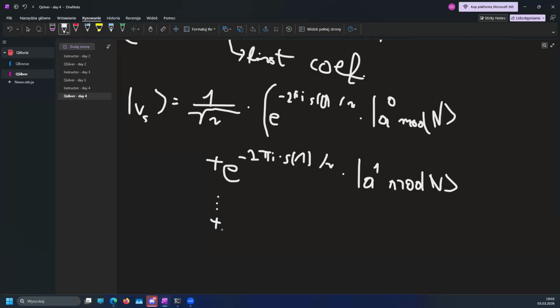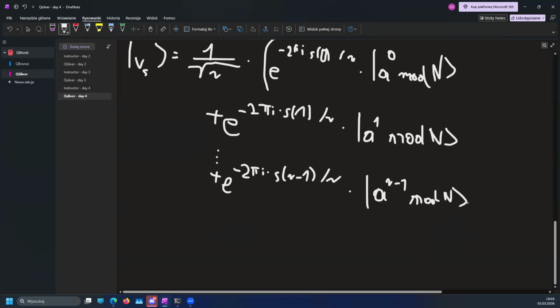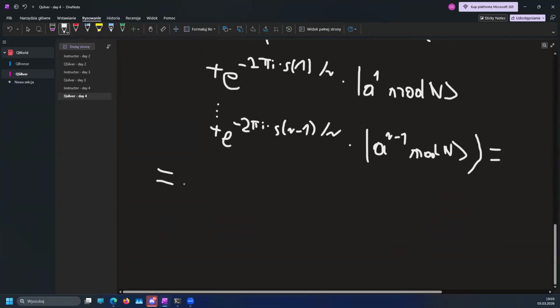And our last qubit will have a coefficient of e to the power of minus 2 pi i times s times r minus 1, and this all divided by r, and the qubit itself, a to the power of r minus 1, remainder of n. Yes. So here is this value expressed in binary, so using up to n qubits. And okay, let's close the parentheses, and then let's write it in a shorter way.